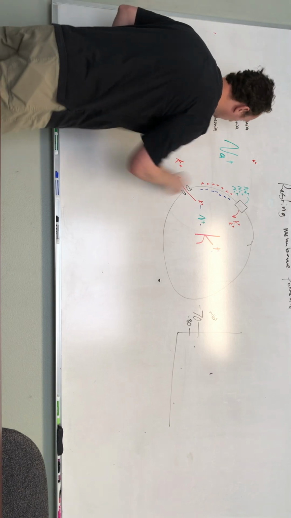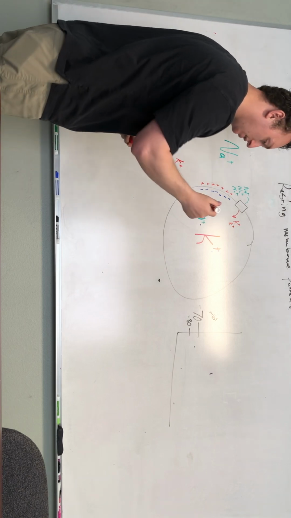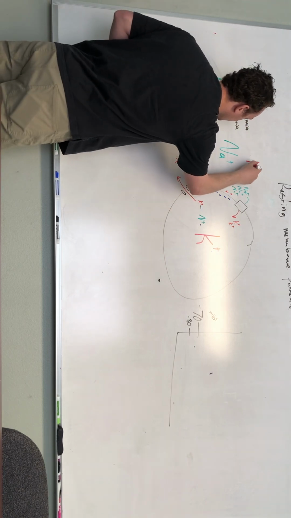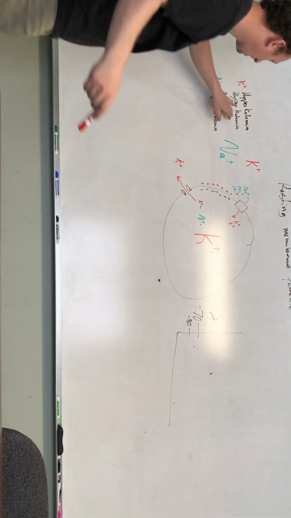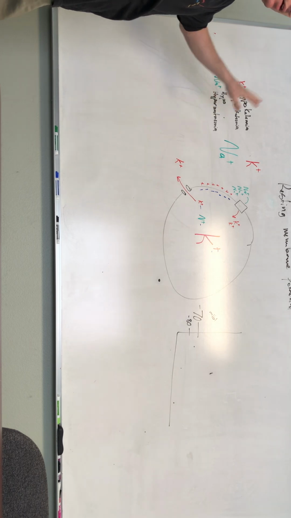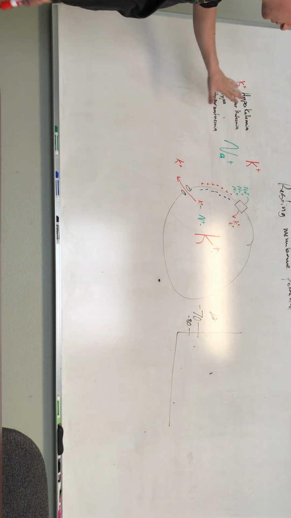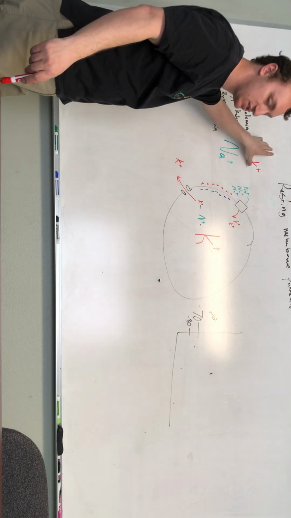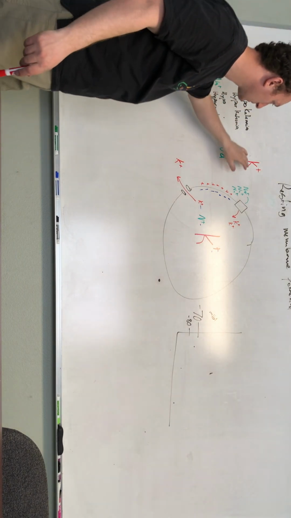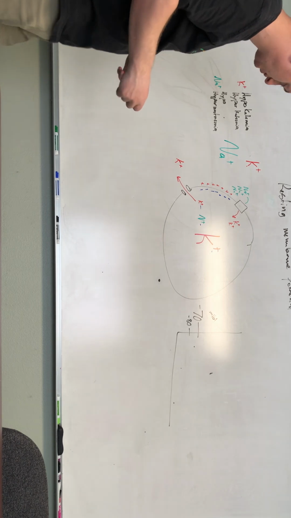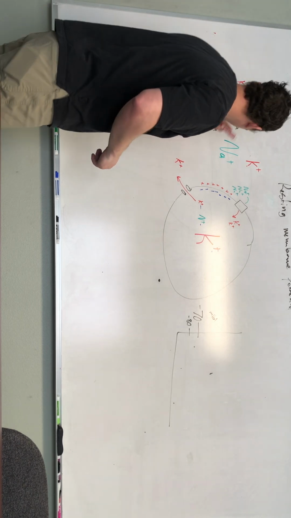On the flip side, you can also make it to where you have more of a concentration on the outside. Oh, I forgot to mention, when we're talking about hypo and hyperkalemia, or natremia or whatever, it's always in reference to the outside of the cell, the extracellular concentration in the extracellular fluid. So yeah, back to this.